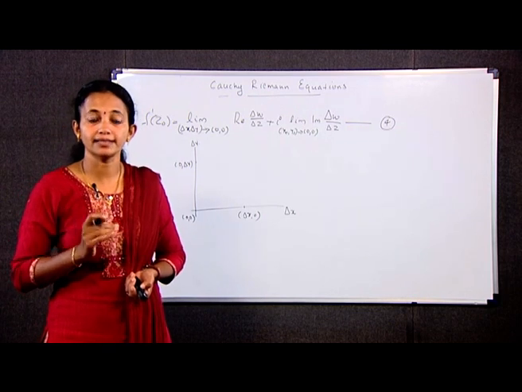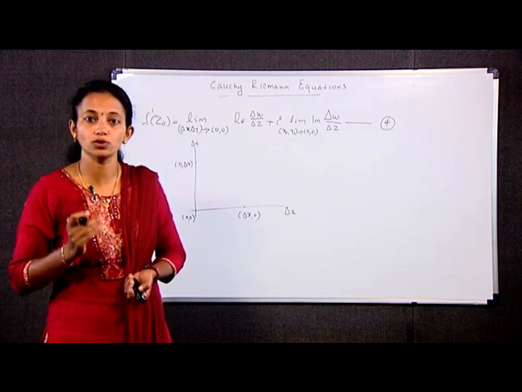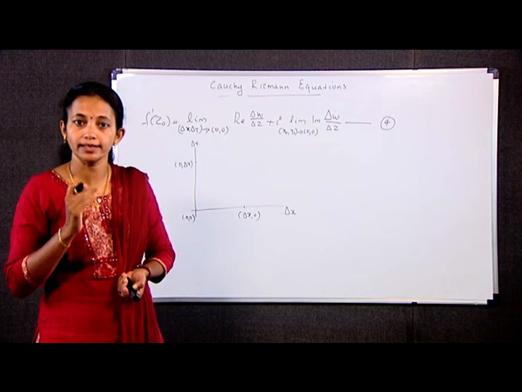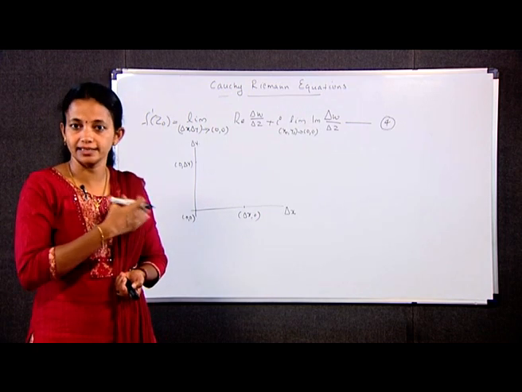In particular, we let (delta x, delta y) tend to (0, 0) horizontally through the point (delta x, 0), as indicated in this figure.